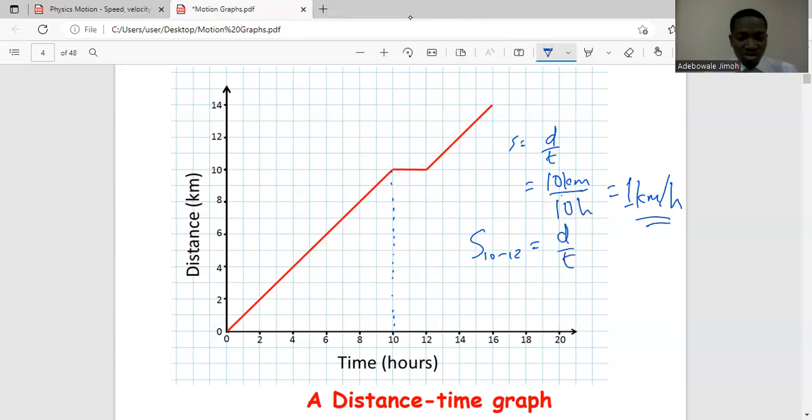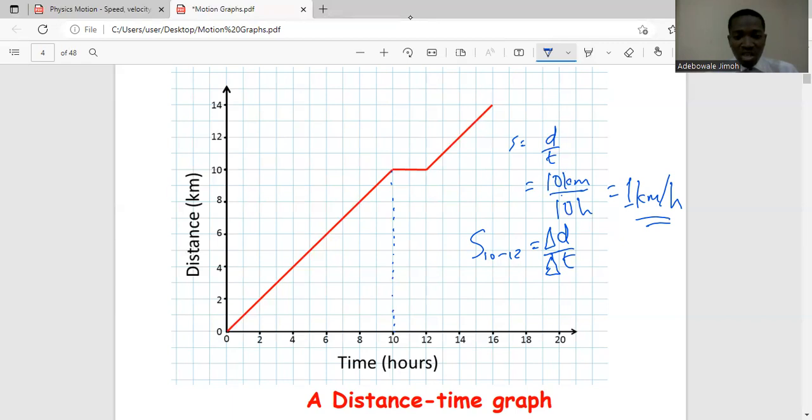What's the distance covered from 10 hours to 12 hours? Actually, most textbooks represent the formula for speed as change in distance divided by change in time. So is there any change in distance from 10 hours to 12 hours?